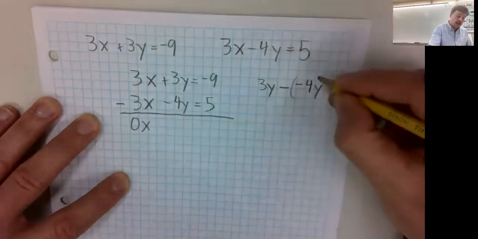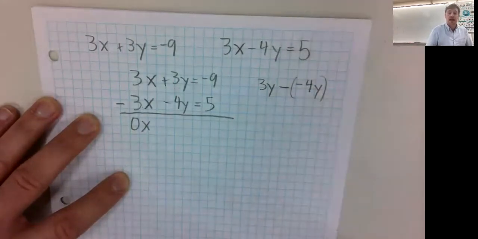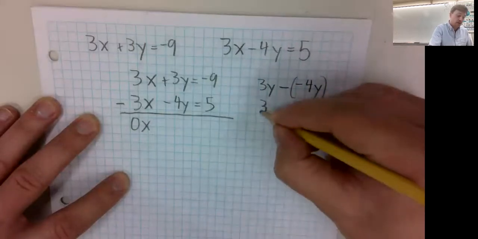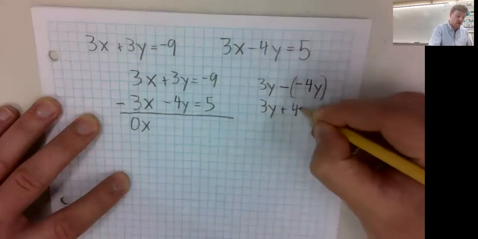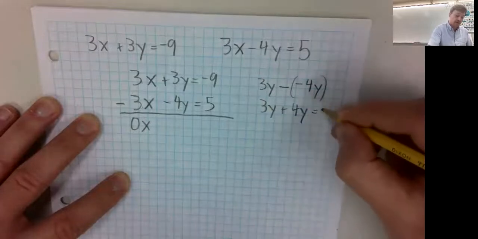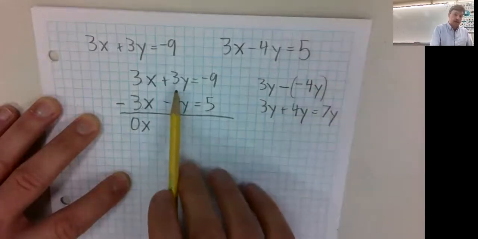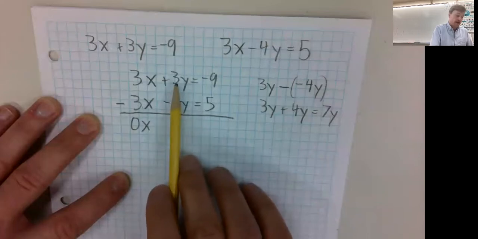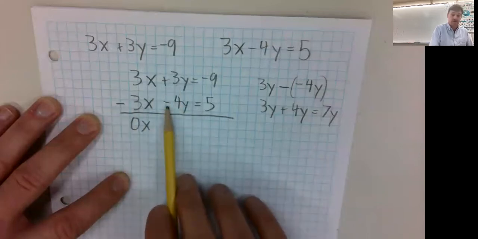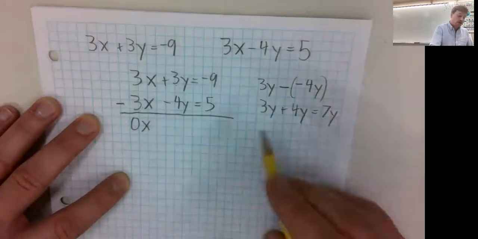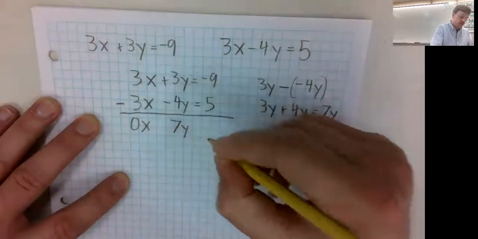And you should recognize that this is a double negative. So this is going to turn into a 3y plus 4y, which is going to give me 7y. So again, from this, I got a 3y minus a negative 4y. I end up over here with a positive 7y.